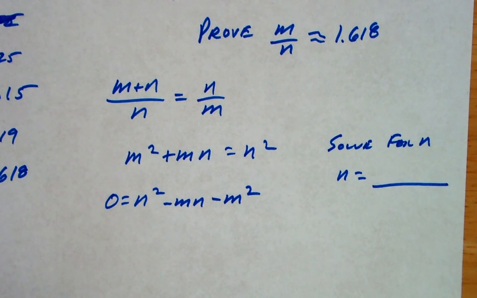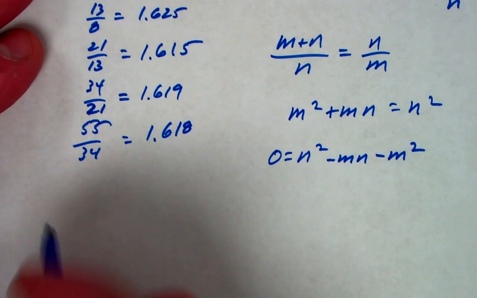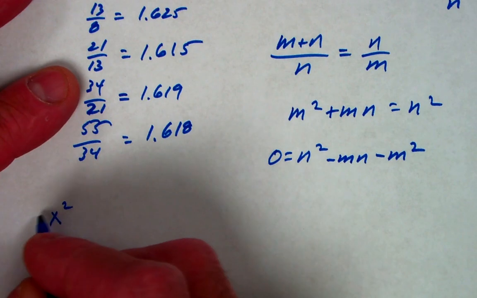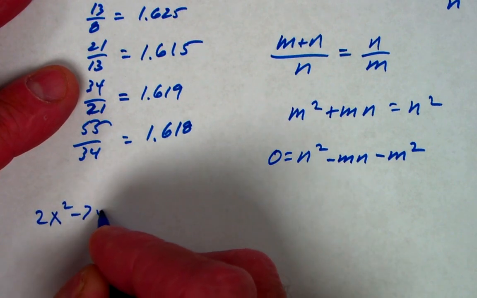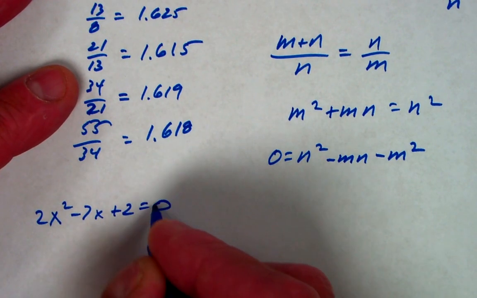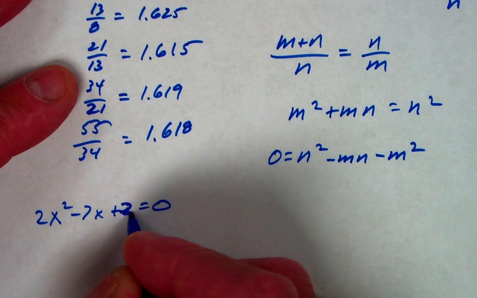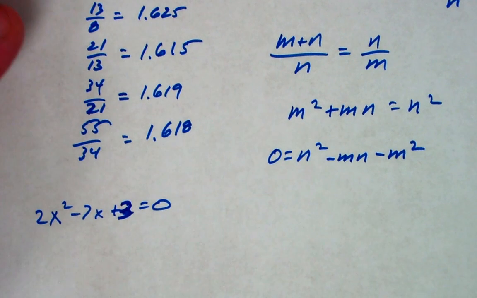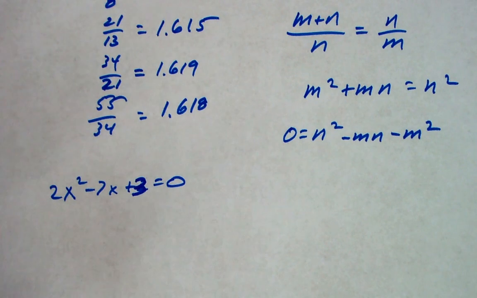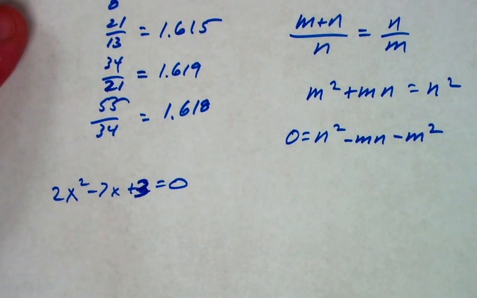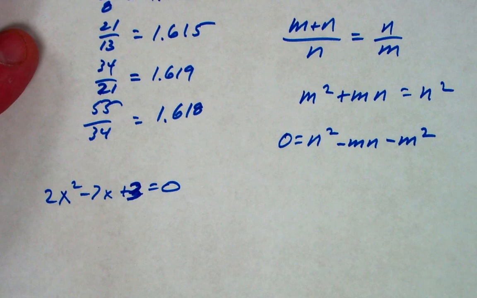let's back over here just a second. If you had some ugly quadratic, 2x squared minus 7x plus 2 equals 0, what the heck, let's make this a 3, and say it wouldn't factor, what would you use? You'd use the quadratic formula, right?